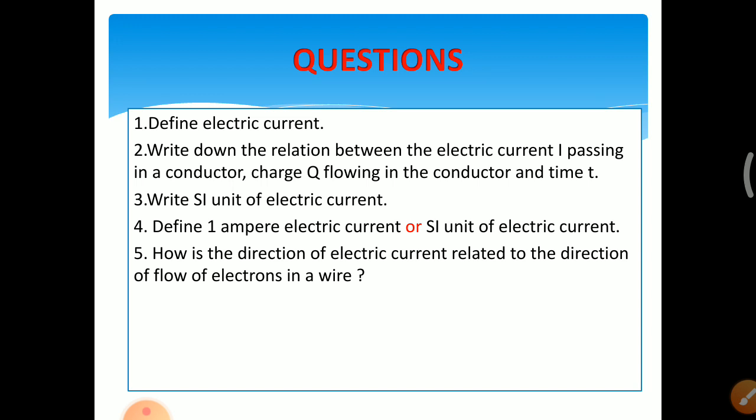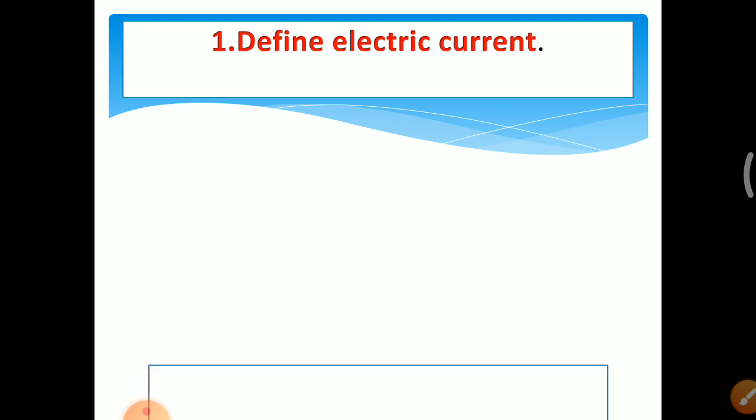In the last class I gave some questions as homework. Now I'm going to discuss the answers for those questions. The first question, define electric current. You know that the movement of electric charges constitutes electric current.